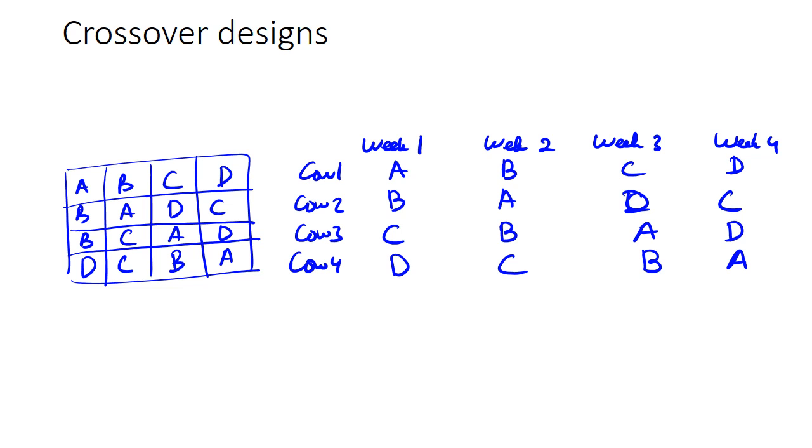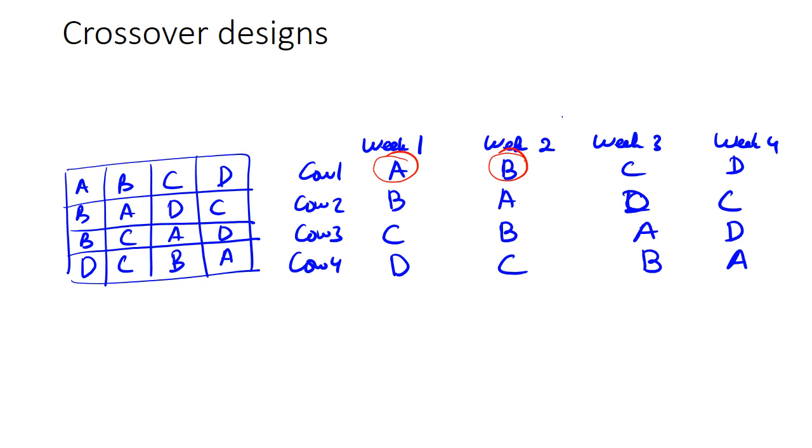The main disadvantage is that the carryover effect may be confounded with treatment effects. A carryover effect is defined as the effect of the treatment from the previous time on the response at the current time. For example, the effect of diet A given to cow 1 in week 1 might confound with the milk production of the same cow when given diet B in week 2.